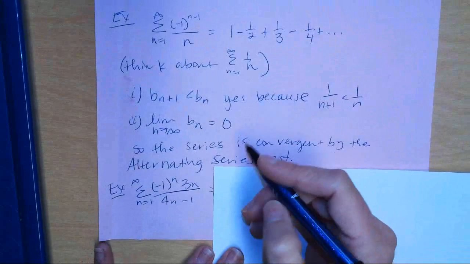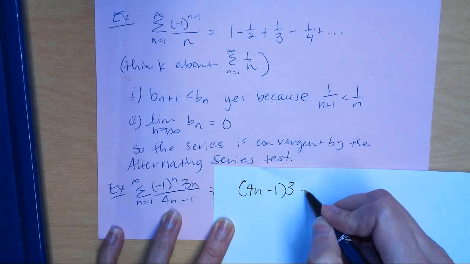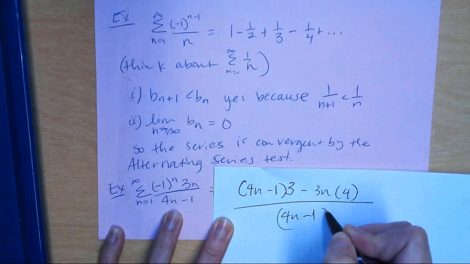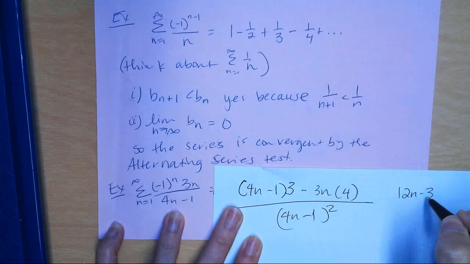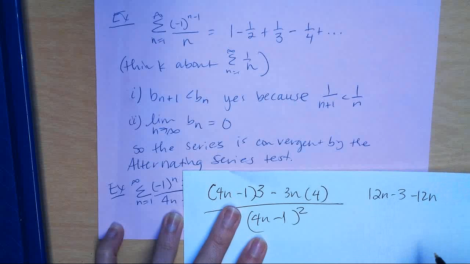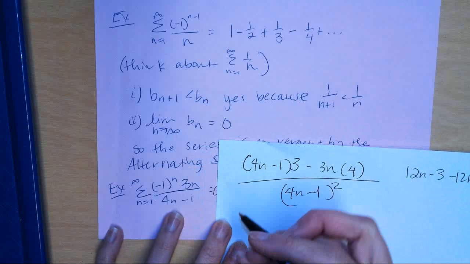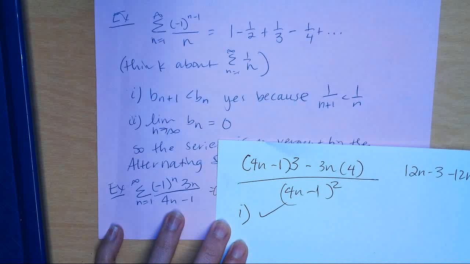We have bottom times the derivative of the top minus the top times the derivative of the bottom all over the bottom squared. The bottom squared is always positive, so we don't care. The top is 12n minus 3 minus 12n. Oh! It is always negative, which means it's decreasing, so we're good. Number one is good. We got decreasing.